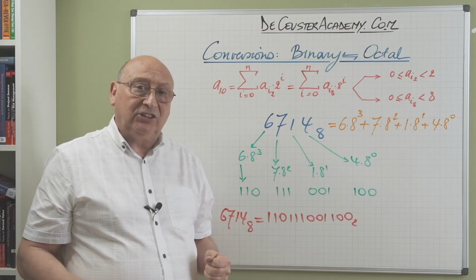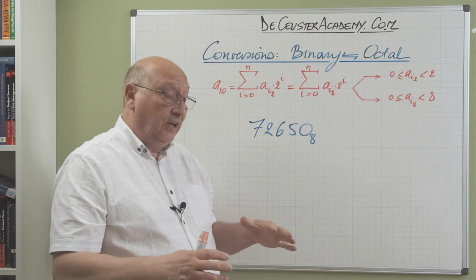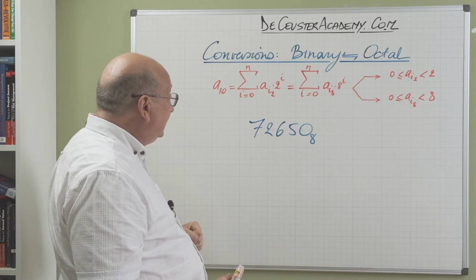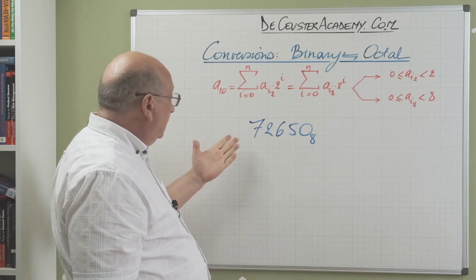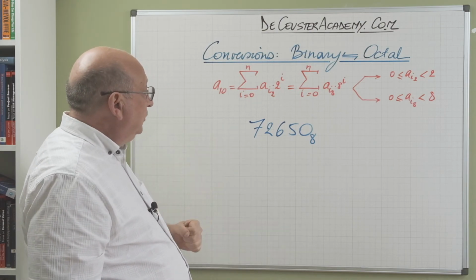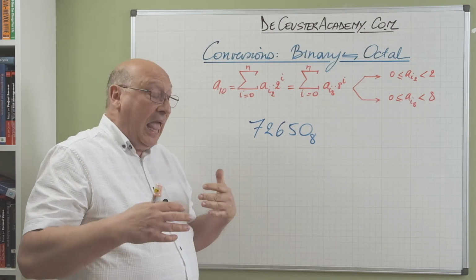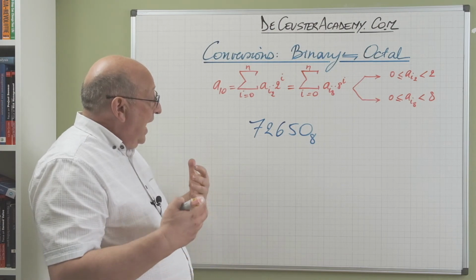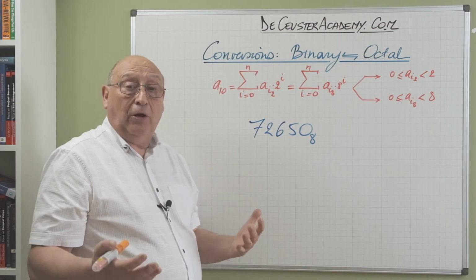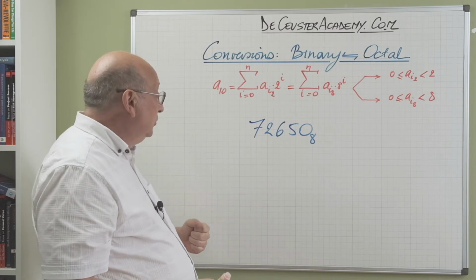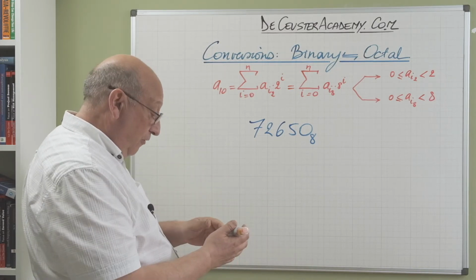Let's do another exercise. To finish this video, let's do this last exercise. We have the octal number 72,650, and now we are going to write this as the sum of those different coefficients of those powers of 8.